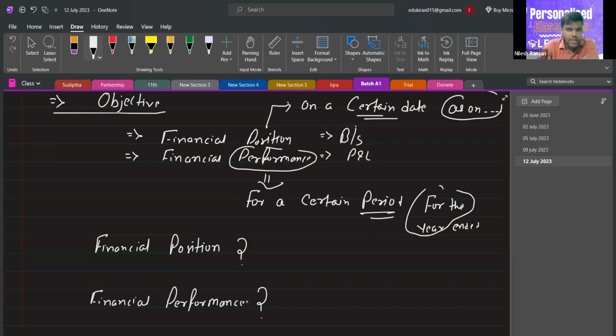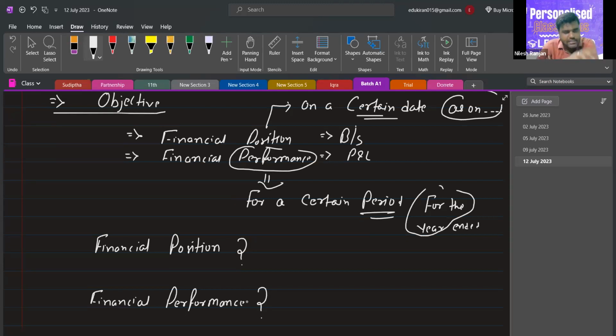And when we say financial performance, it means the result for a certain period. Result means how much money we have earned in a certain period. We have sold this much amount, expenses for the sale are this, and the profit or loss is this. This is called our financial performance, meaning result.